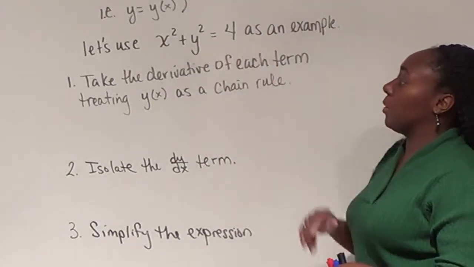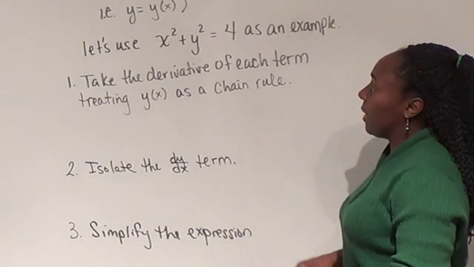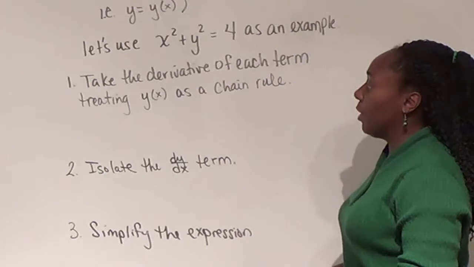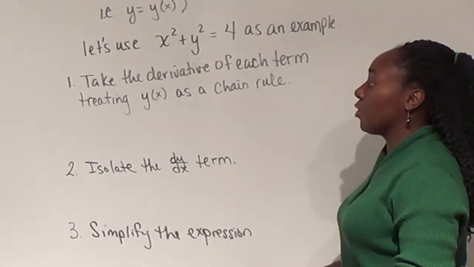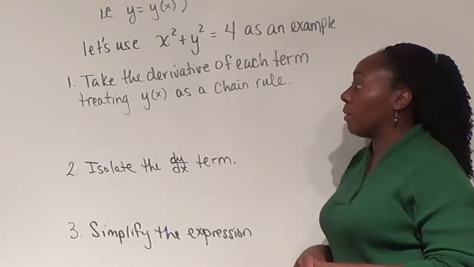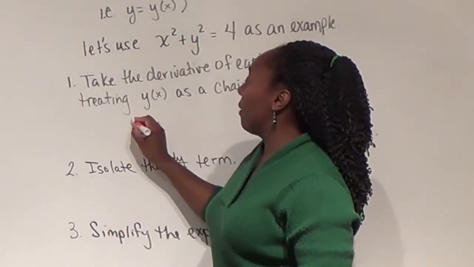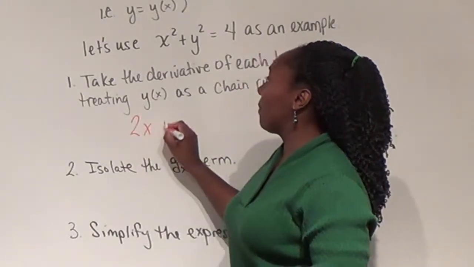x squared plus y squared equals 4. Here, we're going to take the derivative of each term, treating y as a function of x, and to do that we're going to use the chain rule. The derivative of x squared is just 2x.